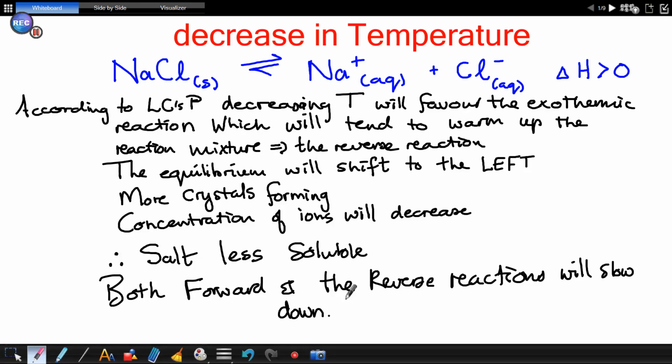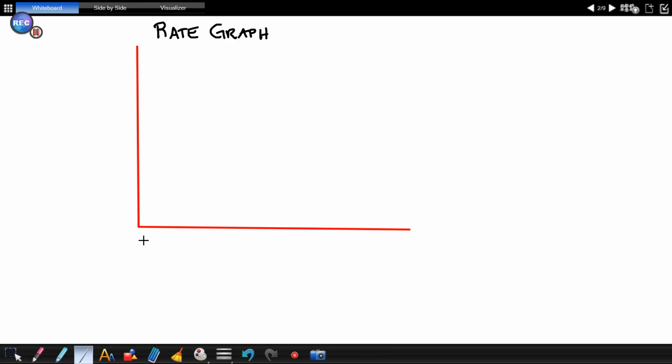Okay? Can I go away from this slide to the graph slide? No. Not yet. If we look at the rate graph, once you've got your initial equilibrium, the rate of the forward reaction will decrease and the rate of the reverse reaction will increase.